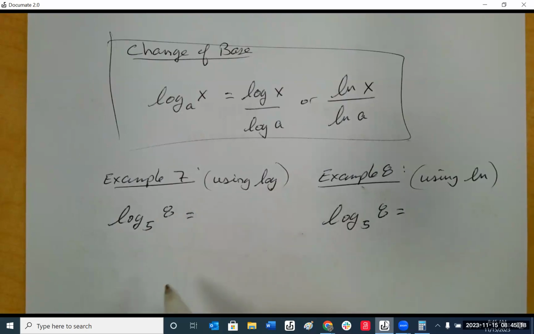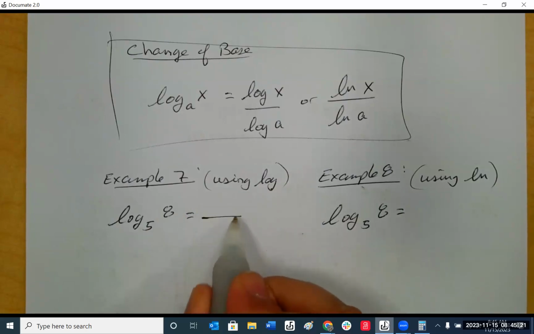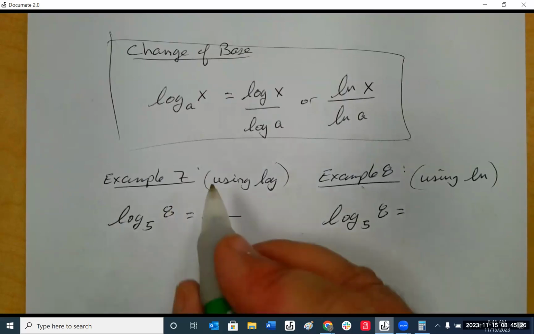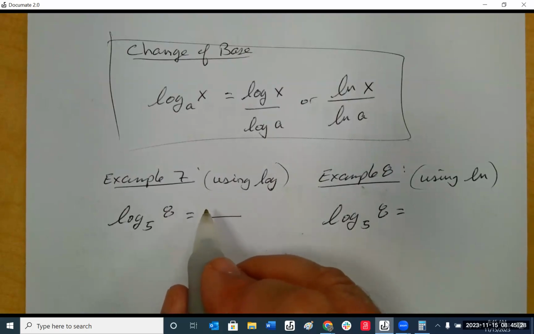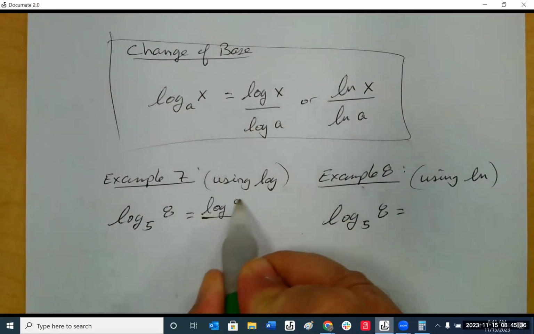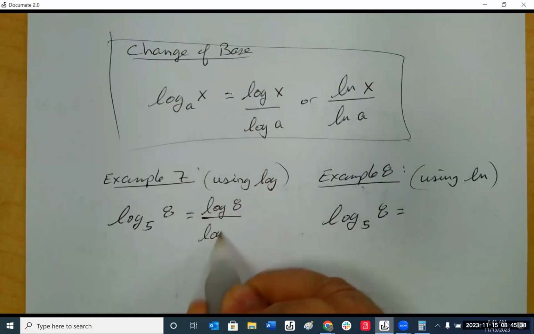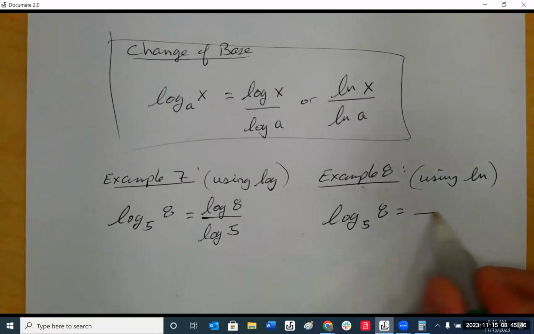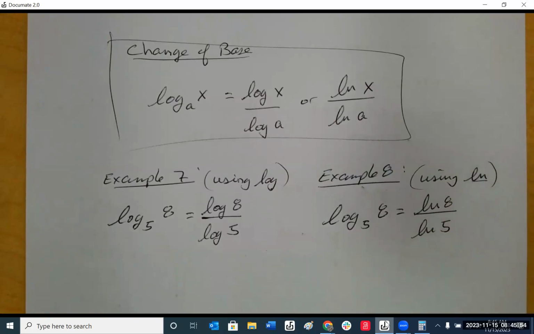If I'm using log on example 7, what goes on top? 8? Just 8? Yeah, look here. Log base 8 over log 5. And this one, since I'm using ln, it'll be ln 8 over ln 5. And that's all there is to it.